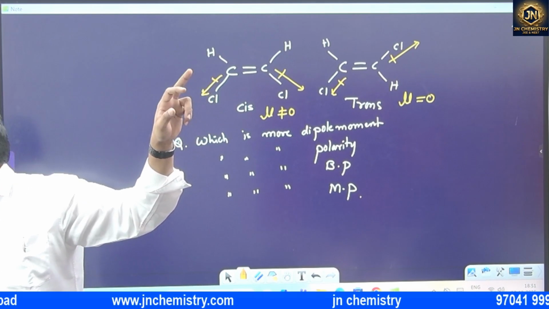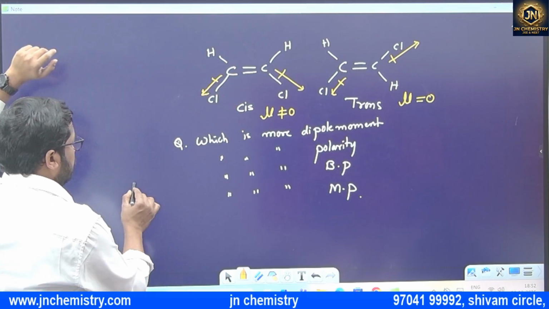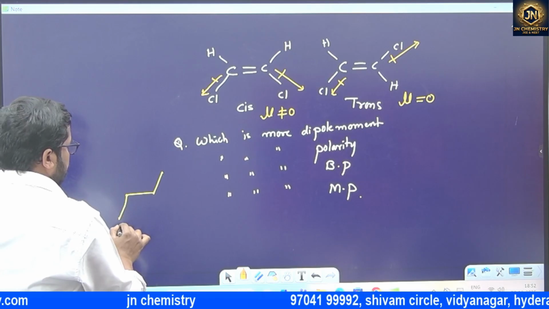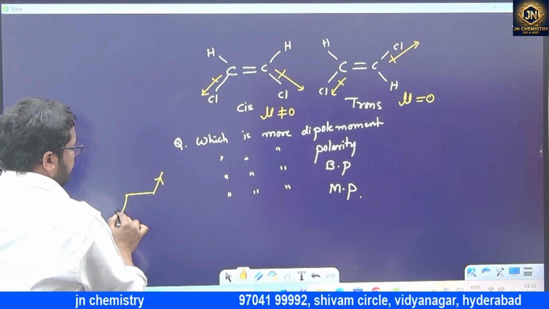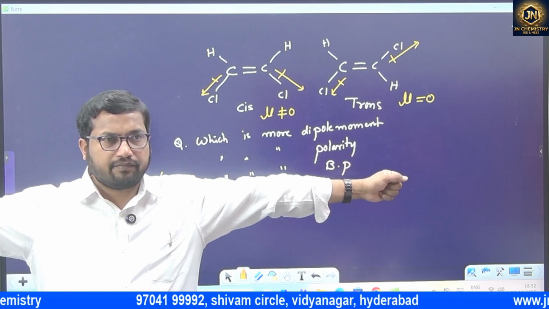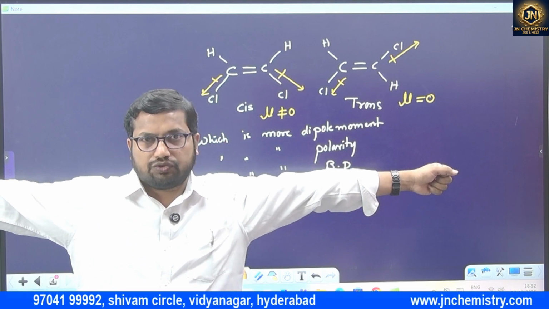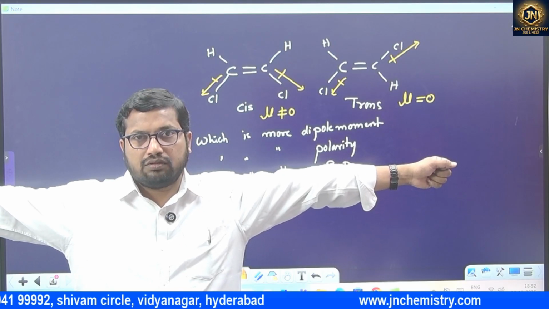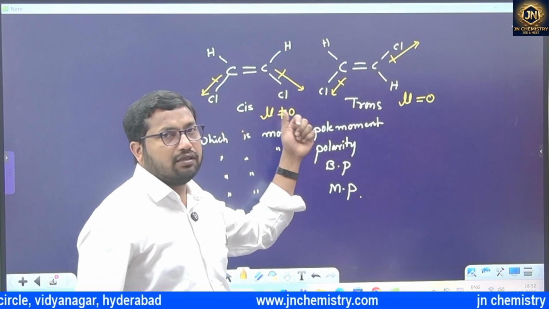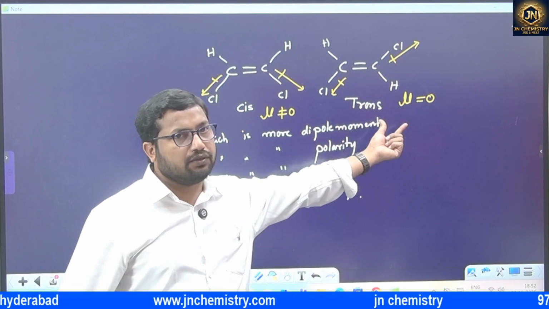Whenever the dipole moments are in opposite directions, for example, this is pulling this side and this is pulling that side, one is pulling this side and one is pulling the other side. So chlorine is moving to opposite sides, and the dipole moment is 0.